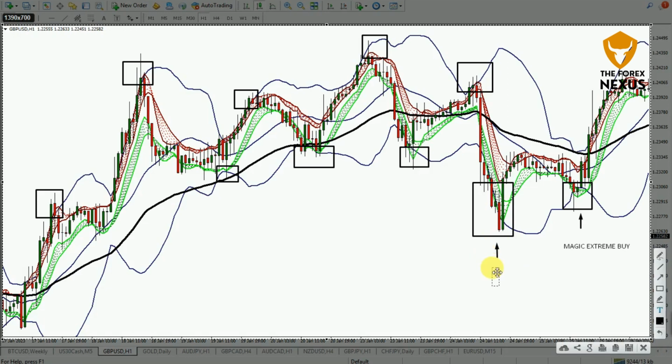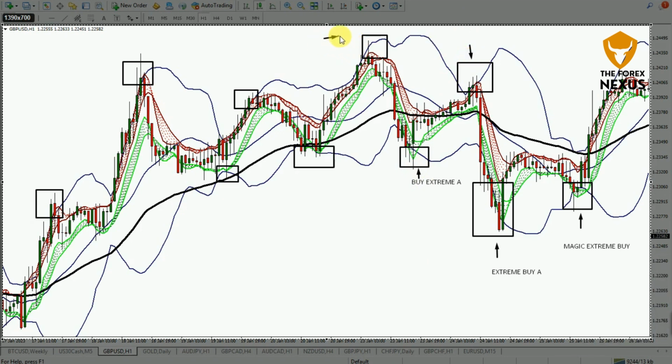This one is extreme sell, extreme buy type A, because the MA5 gets outside of the lower band. This one is also buy extreme A. Extreme A sell.